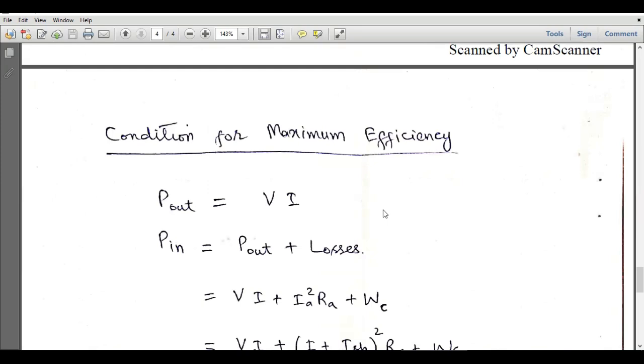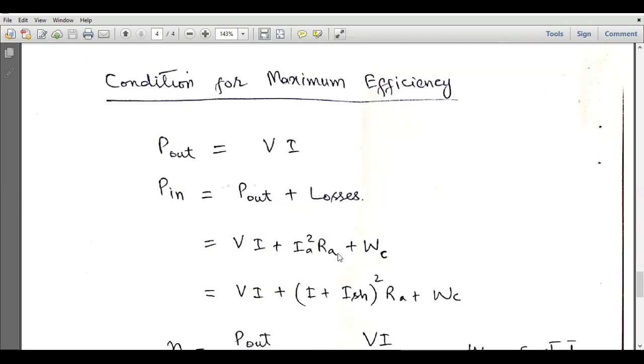Now we will discuss condition for maximum efficiency. So the output power of a DC generator is equal to V times I. V is the voltage at the load terminal and I is the load current. Similarly, input power is equal to output power plus losses. So output power is equal to VI, and losses are equal to constant losses plus variable losses.